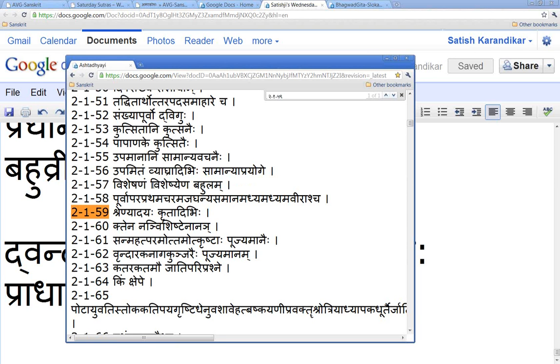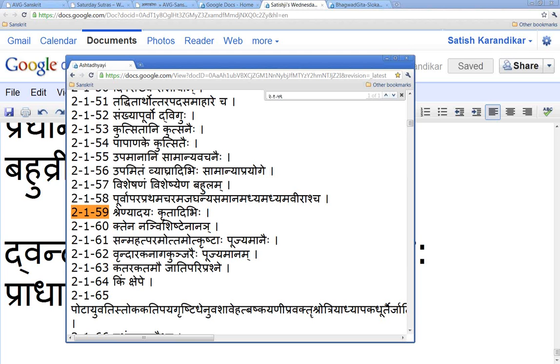Not the specific word visheshanam, but what is indicated by that word, meaning any adjective. If there is a visheshanam, it compounds with the visheshya, samarthena, and it becomes a Karmadharaya samasa. It is a Tatpurusha, and its subtype is Karmadharaya. So this visheshanam gets the sanjna upasarjanam because of prathama nirdishtam samase upasarjanam.